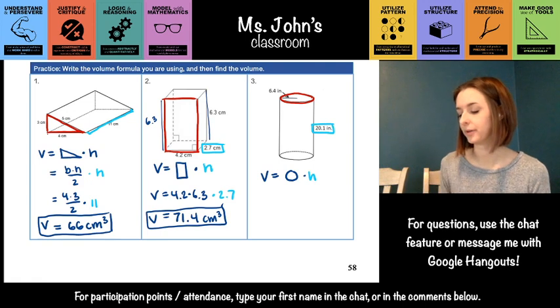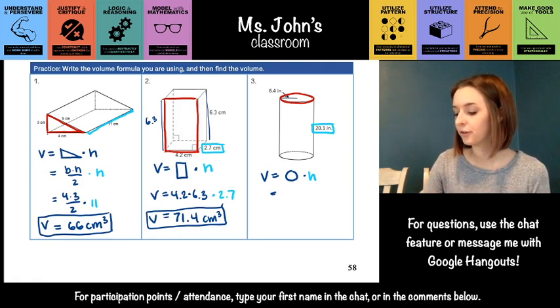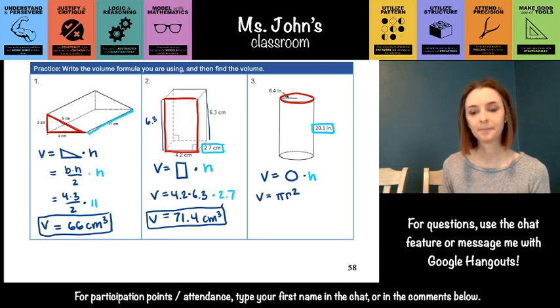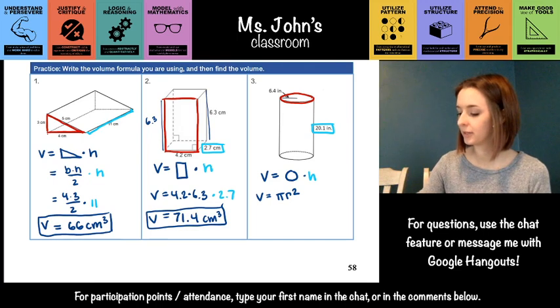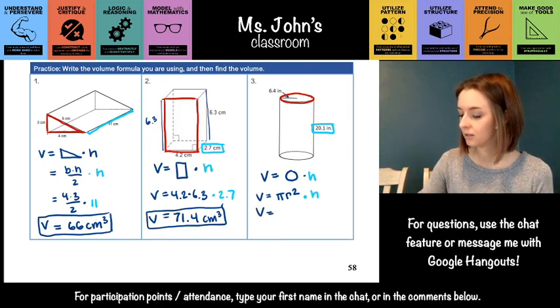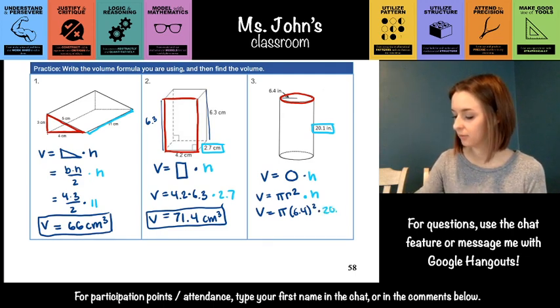which is 20.1 inches in this case. The area of a circle is pi times the radius squared. I'm actually going to write that formula down just so we know what we're doing later. So pi times the radius, which is 6.4, squared times 20.1.